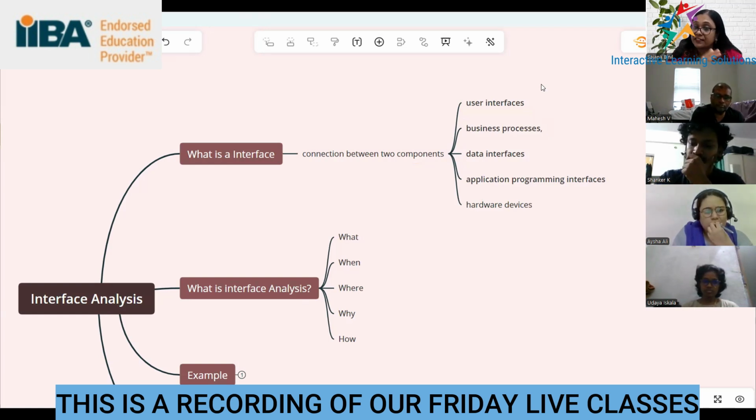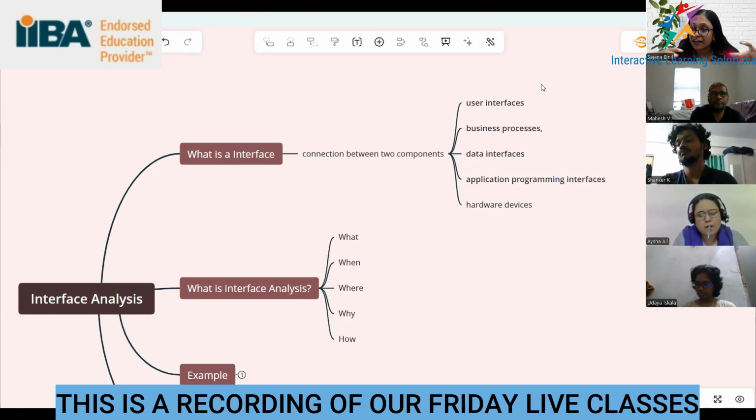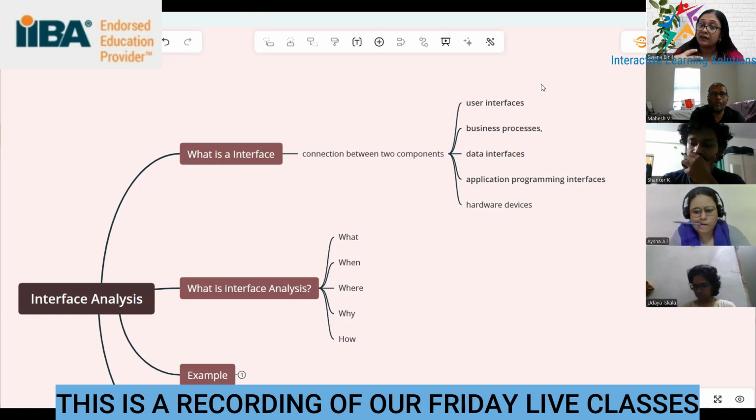So as part of that application study, you need to use this technique. The mention of this technique is also there in the BABOK. Extensively, it's mentioned, interface analysis, but I've seen beginner BAs very rarely understand or use this technique. Okay, but it is so crucial to use this technique, because it gives you clarity about how your application is working in an integrated fashion with other applications, other business processes, APIs, data interfaces, and how the data is being exchanged.